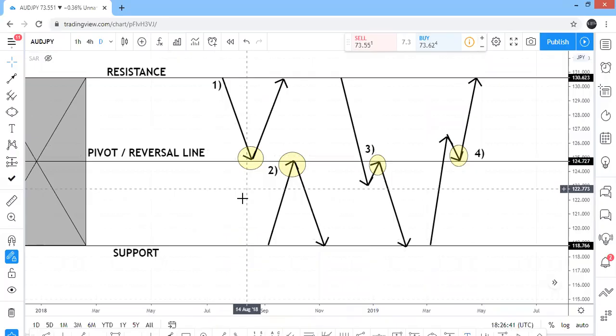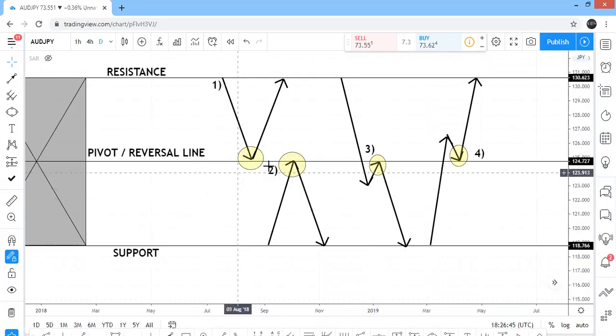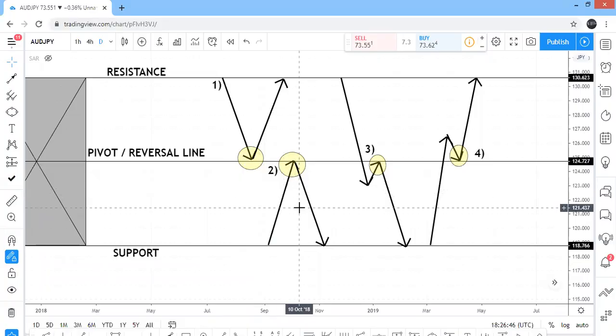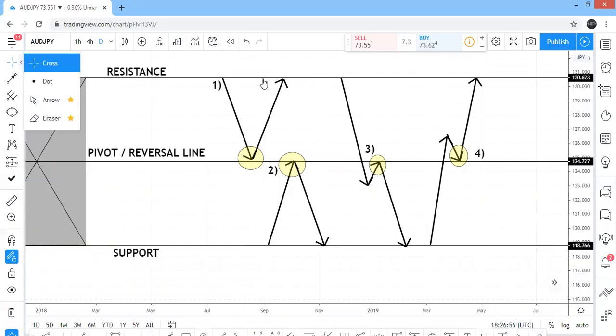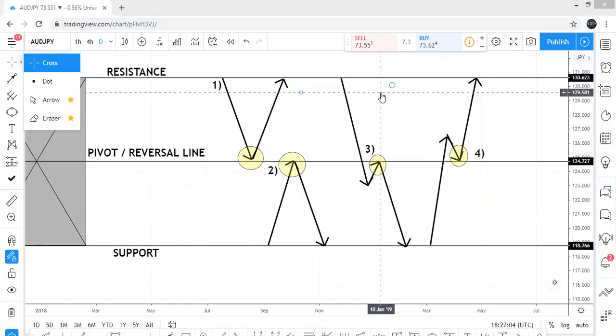Now, the beautiful thing about the rectangular theory is that all the decisions you're looking to make should be at this area. Actually, no, sorry, let me backtrack a bit. Which place should you make your decisions when it comes to trading the rectangle? Aspect number one, resistance. Aspect number two, pivot.